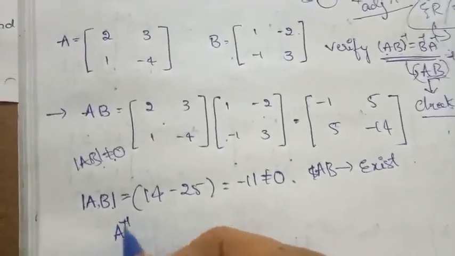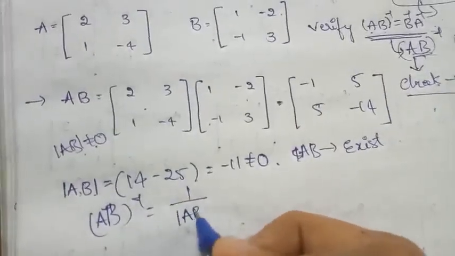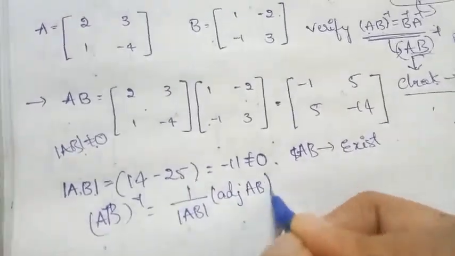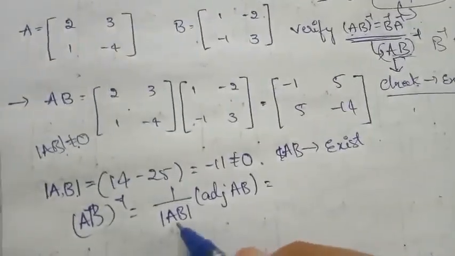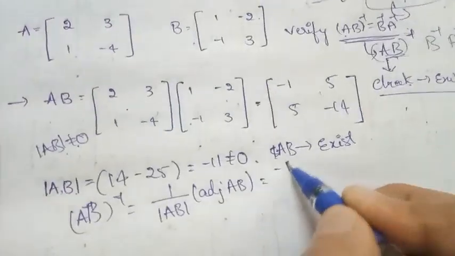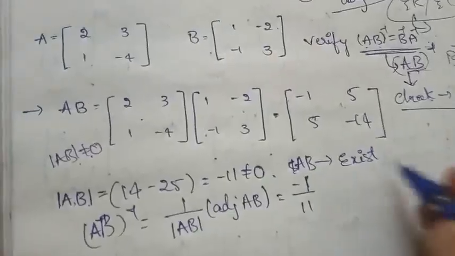We have the formula: AB whole inverse is equal to 1 by determinant value of AB into adjoint of the matrix AB. The determinant value of AB is minus 11, so it is minus 1 by 11.